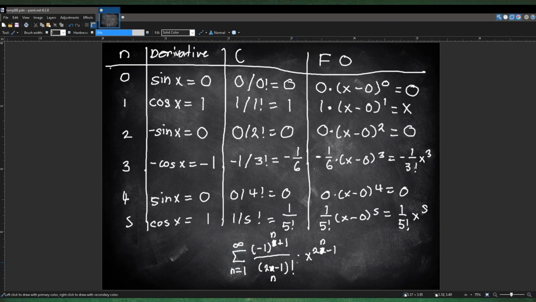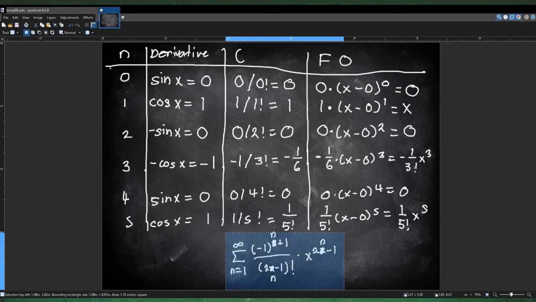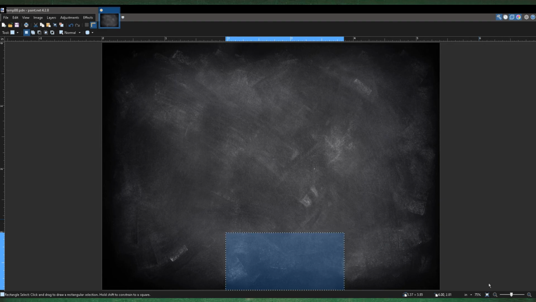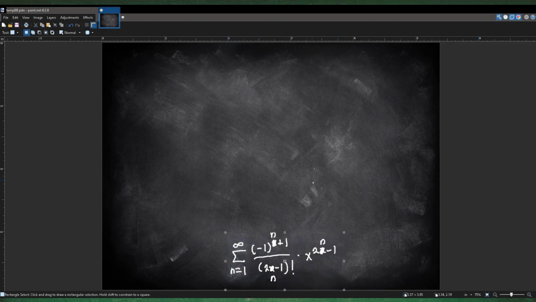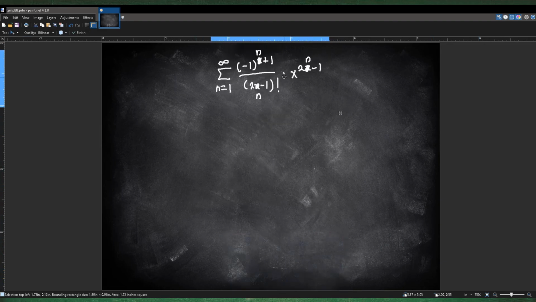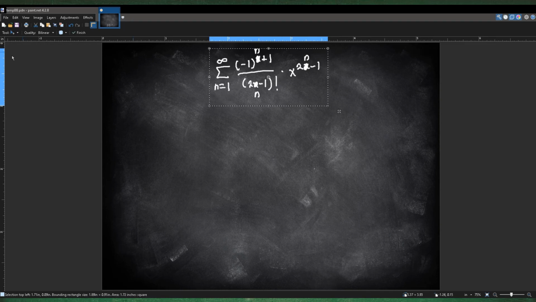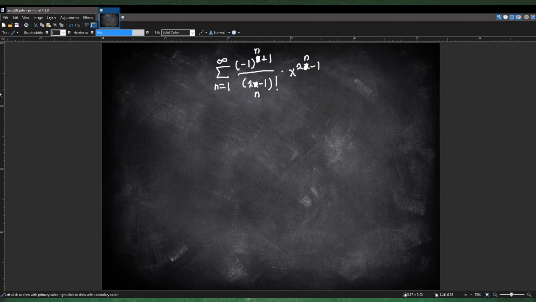So the reason we found our general term is that we're going to use this for our convergence. As usual with our convergence, let's copy and paste this. We would like to use the ratio test to find our radius of convergence. Okay, this was our equation. I'm just going to rewrite it so it looks a little nicer.